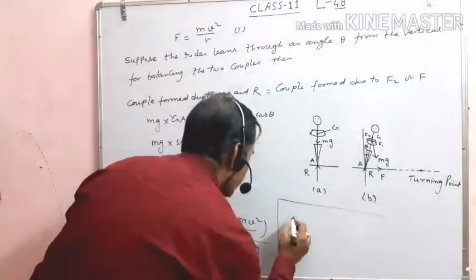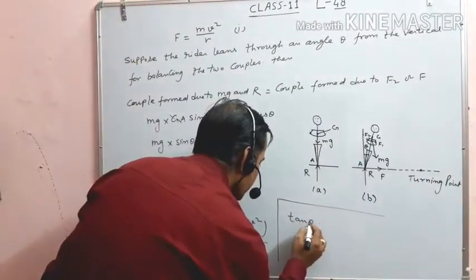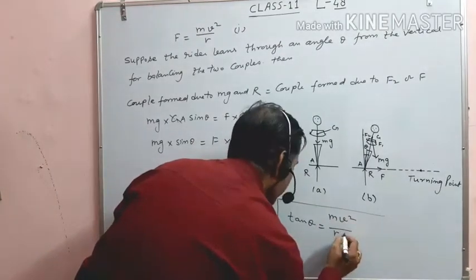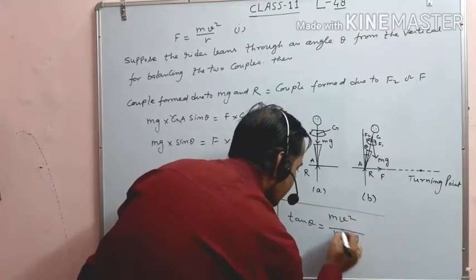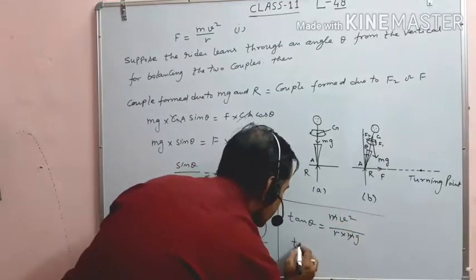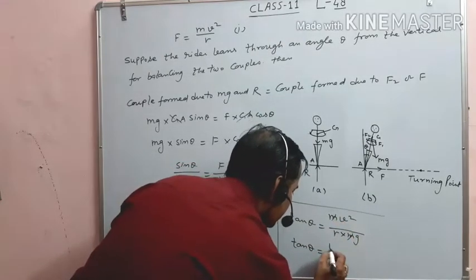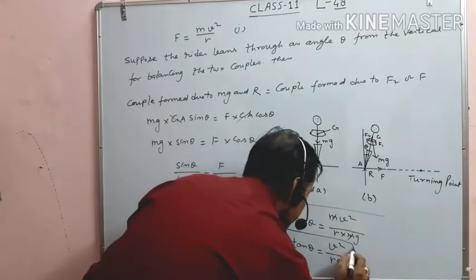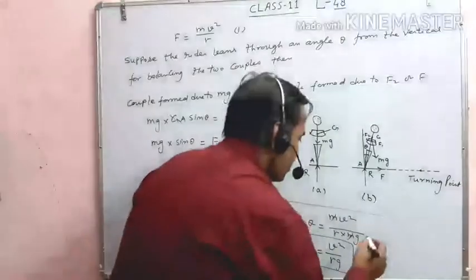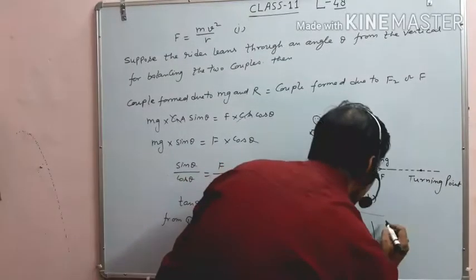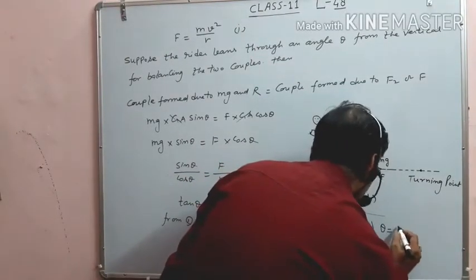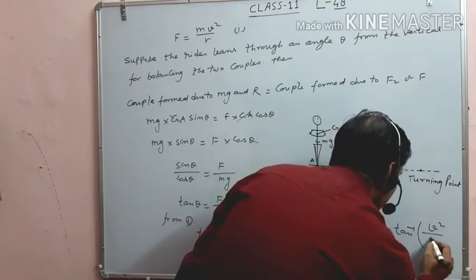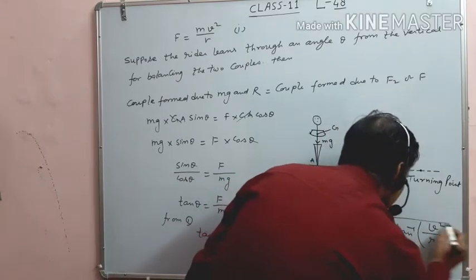Now m and g are not cancelled, so tan theta is equal to mv square upon r into mg. Now m cancels, so this becomes tan theta is equal to v square upon rg. This is the relation. So also you can write in this manner, theta is equal to tan inverse of v square upon rg. So this is the angle.